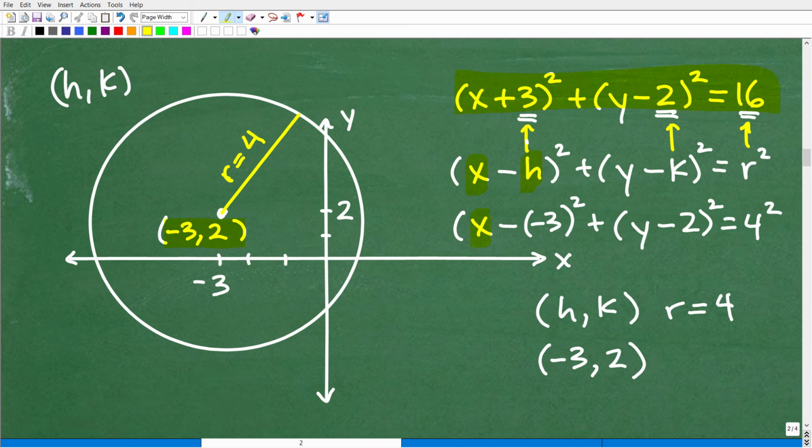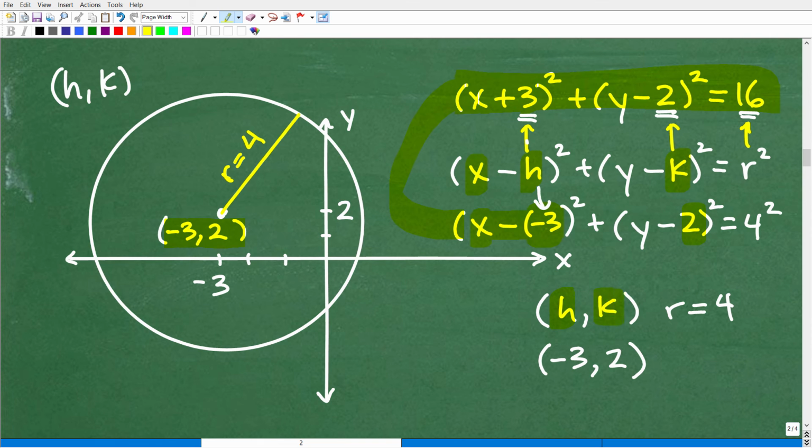The value here is x plus 3, so this is going to be x minus a minus 3. That's how we solve that, because x minus a minus 3 is in fact x plus 3. These two are equivalent, but I want to write it this way because now I can clearly see that my h is negative 3. And over here, you can clearly see k is 2.